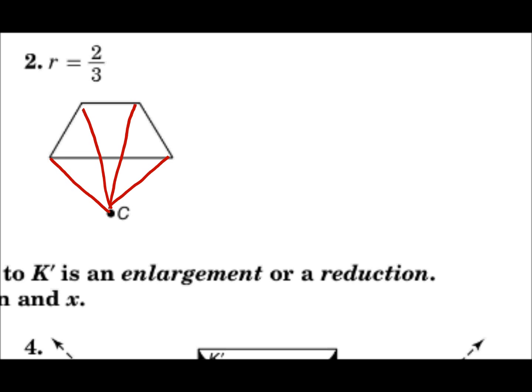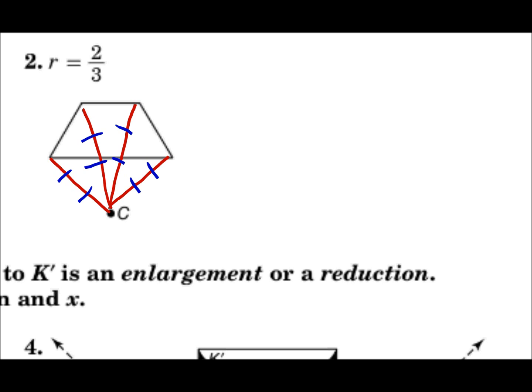And on each of these segments, imagine them cut into thirds. So that one is cut into thirds. That one. That one. And that one. Just do the best you can there.